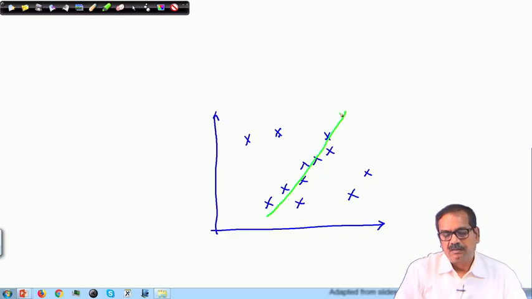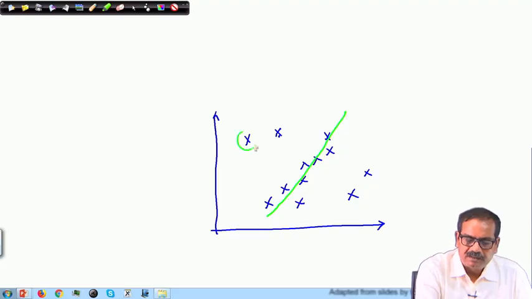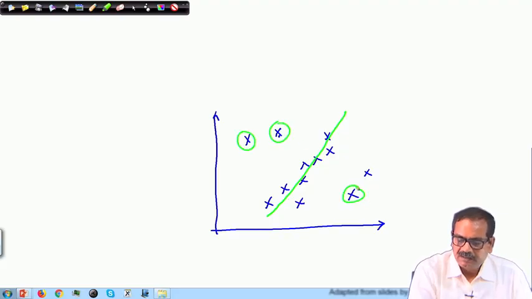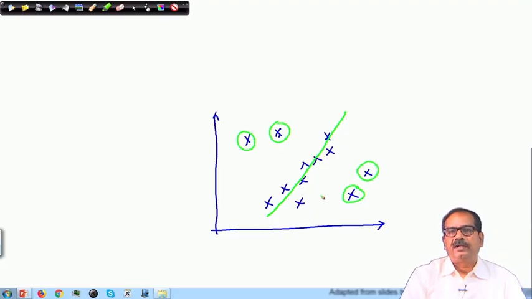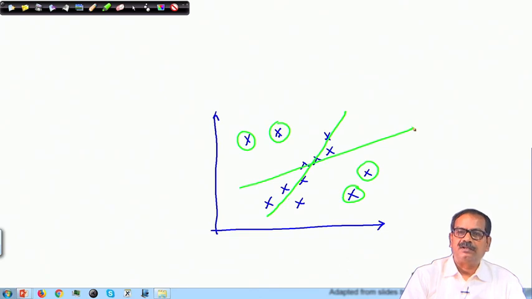This could be a good fit of a straight line among these points. But if I apply the least square error method, the outliers will cause a straight line which is not really fitting well. It may come out something like that, which minimizes the least square error, which is not desirable. So, your objective is to first find a set of reliable points, which we call inlier points, and then apply model fitting on those points only.